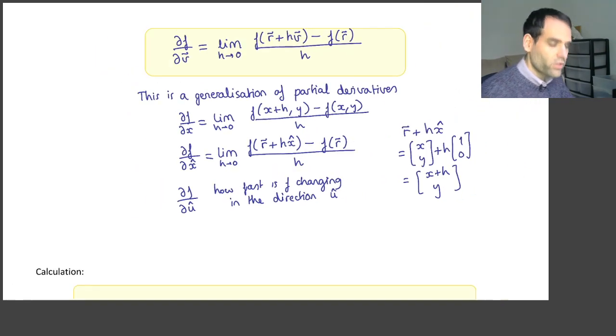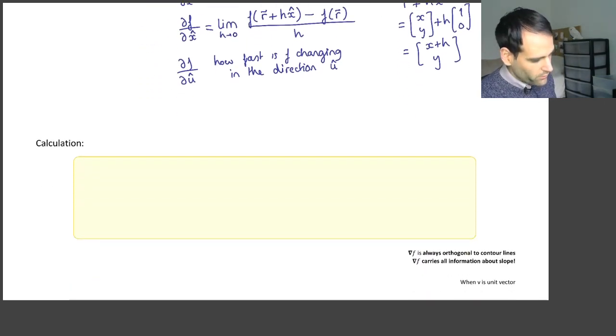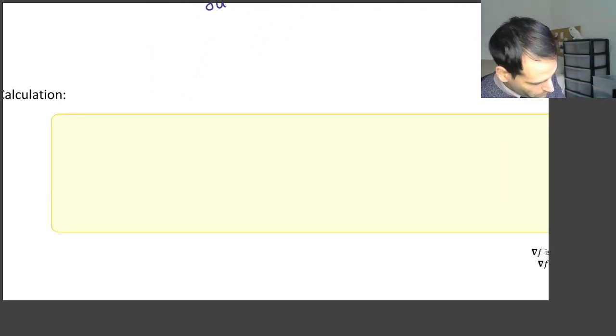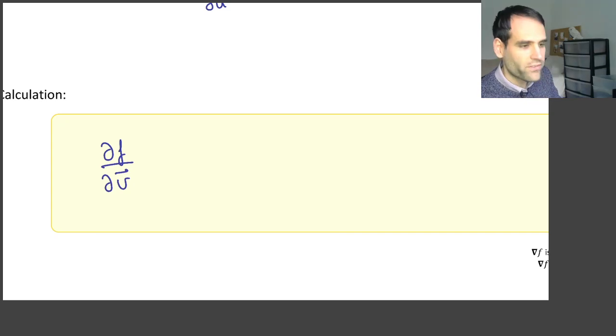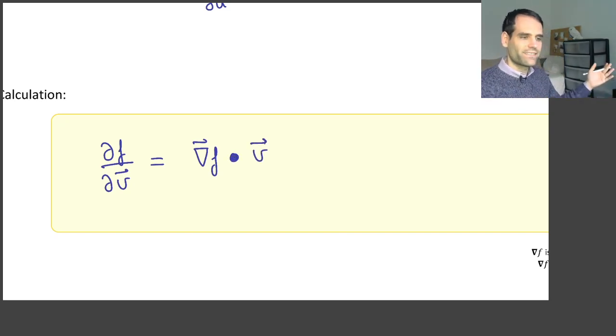So this seems like a very useful concept. And how do we calculate it? Turns out it's remarkably simple. We calculate it by using the gradient. Look at this. The directional derivative of f with respect to vector v is simply equal to the gradient of f dot product with v. And that's it.